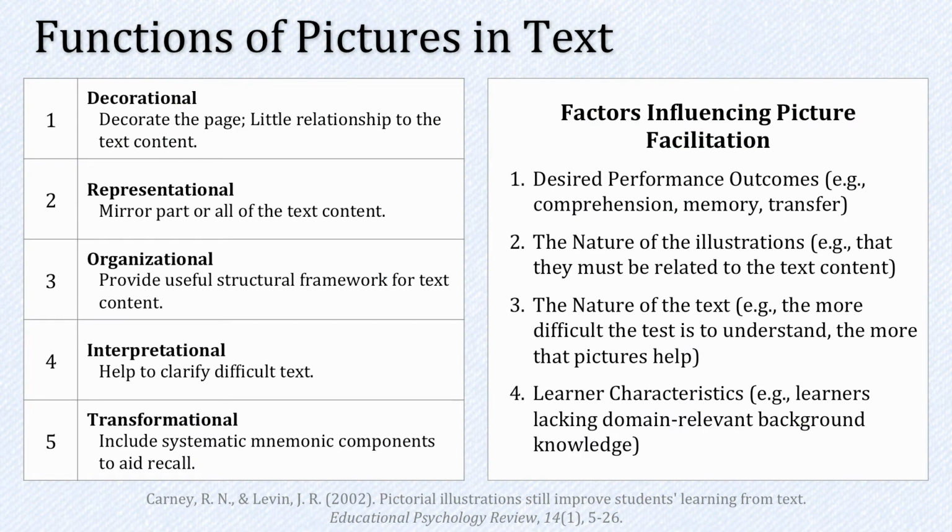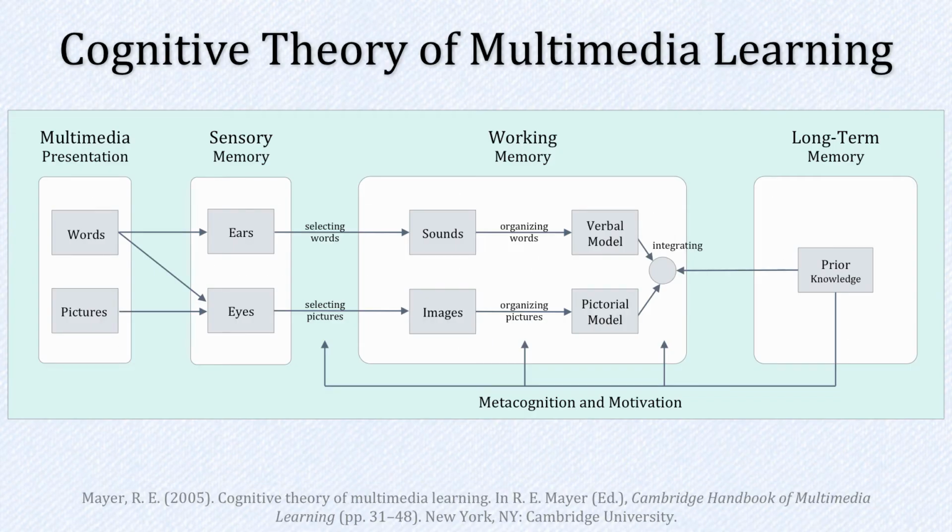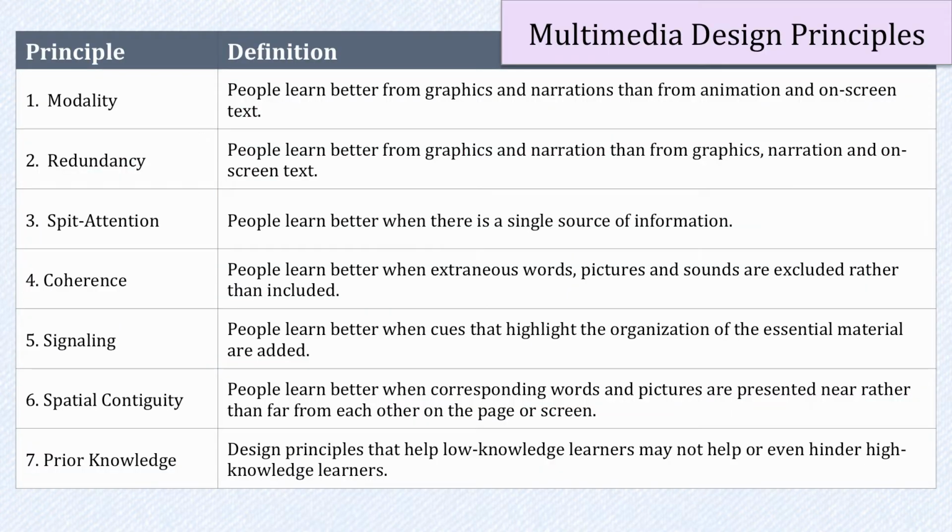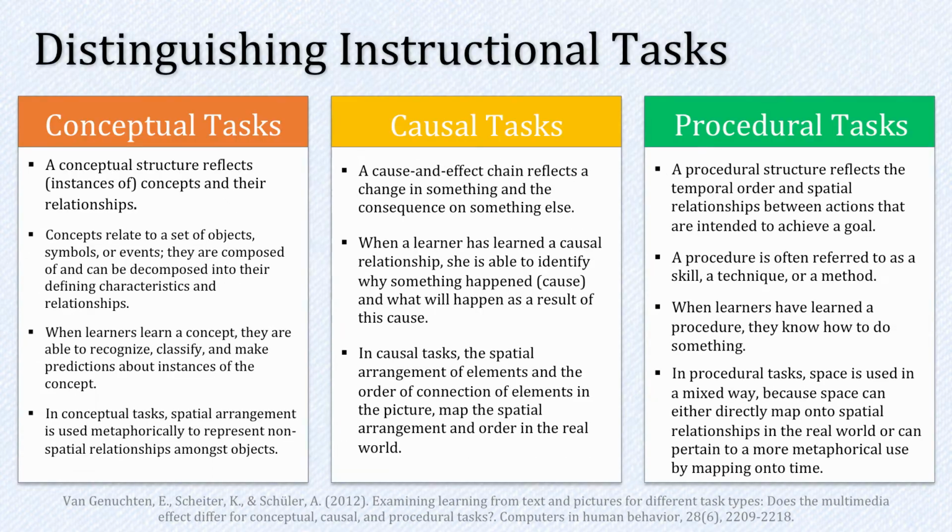We also examined the various ways in which pictures may be used inside and alongside different texts. Further still, we covered Mayer's cognitive theory of multimedia learning and how related research-based design principles vary depending on the type of instructional task at hand.